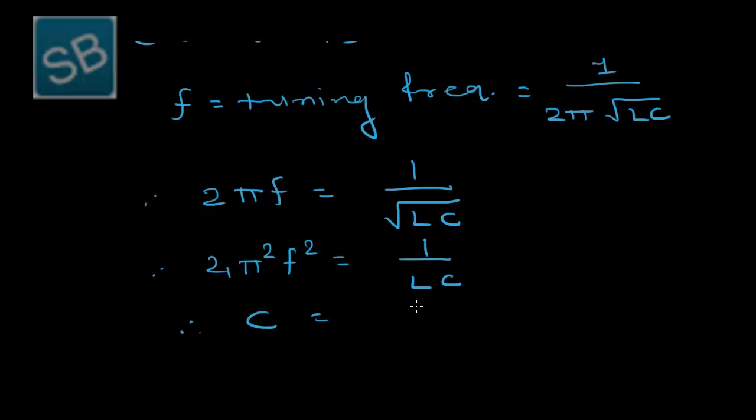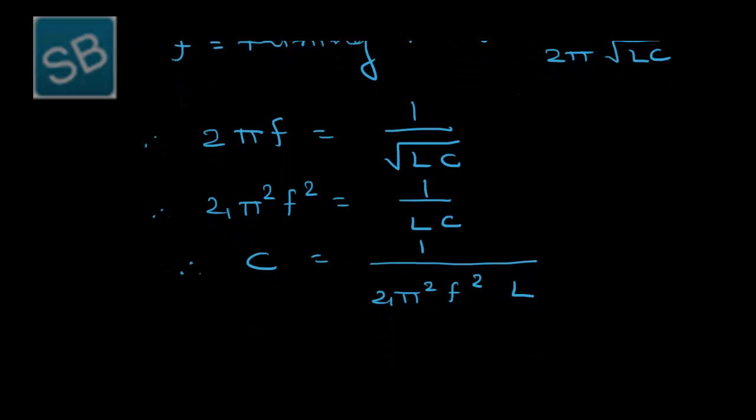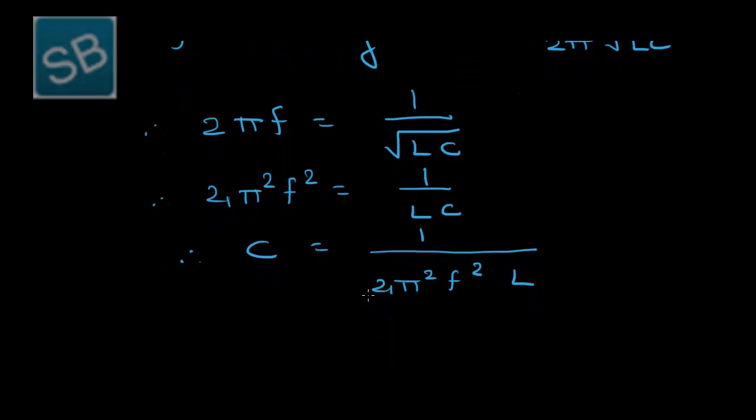Therefore, C is equal to 1 over 4 pi square f square into L. And now, we can find out the maximum value of capacitor and the minimum value of the capacitor, with which we can find out the range of variable capacitor, which is the task of this illustration.